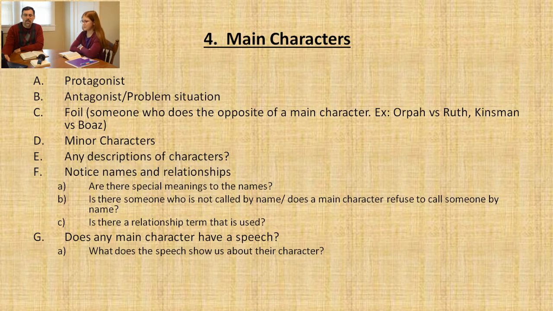Then you have your minor characters, and you're looking for descriptions of characters and names, relationships, things like that. And also, does any main character have a speech? Is there anything that they say? Those speeches show something about their character, and they have other significance as well.